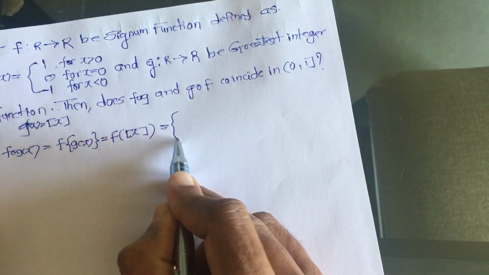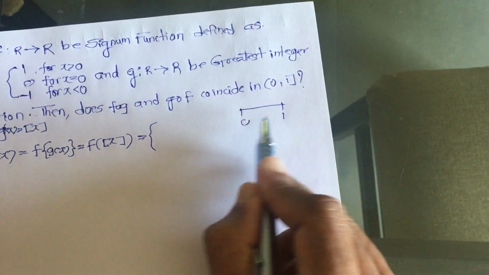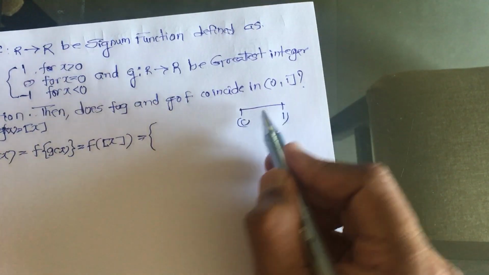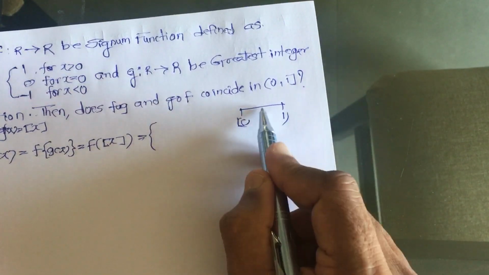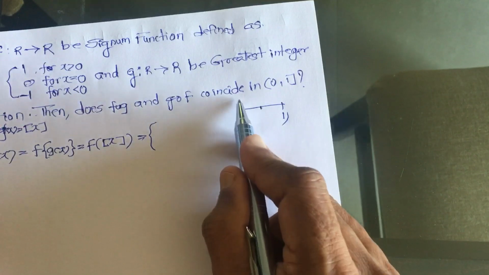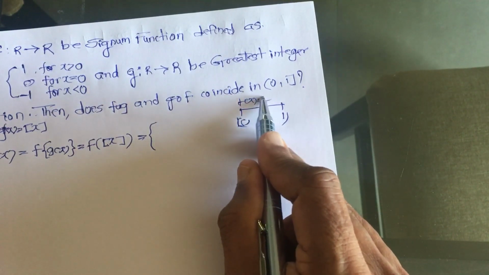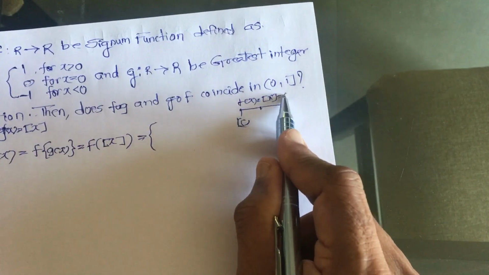So, I write this. You know that when we have any value between 0 and 1 in the open interval, you take 0.5, 0.9, 0.8, always its value is nothing but 0.